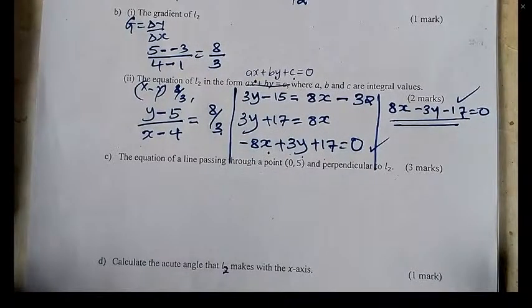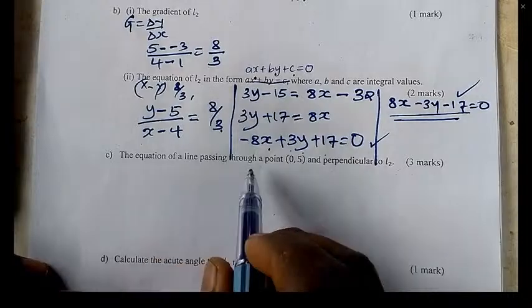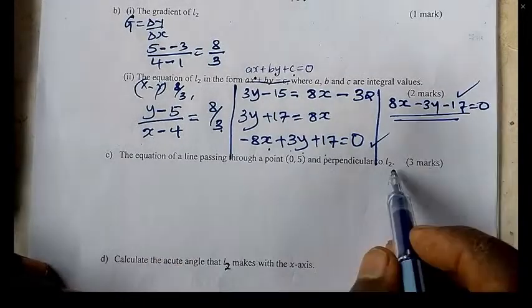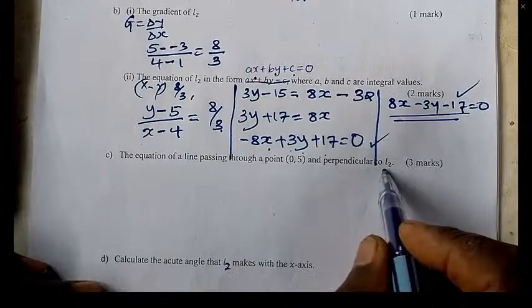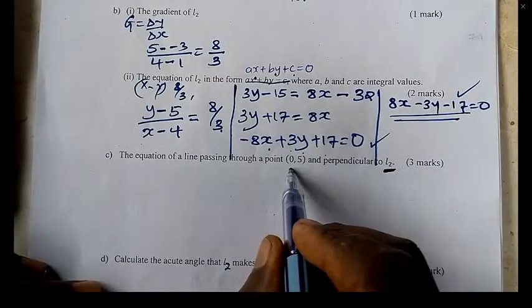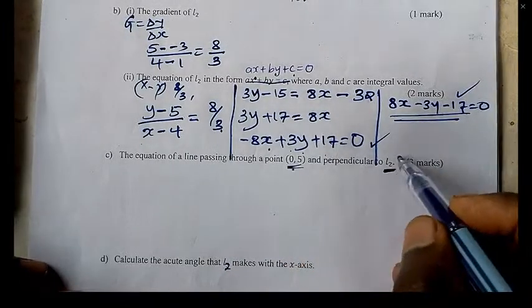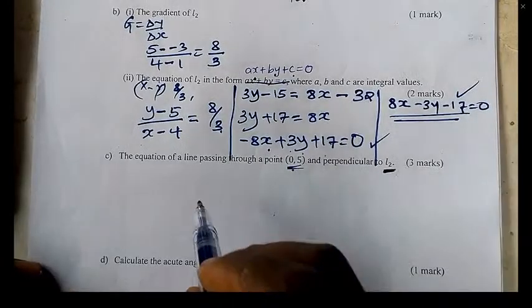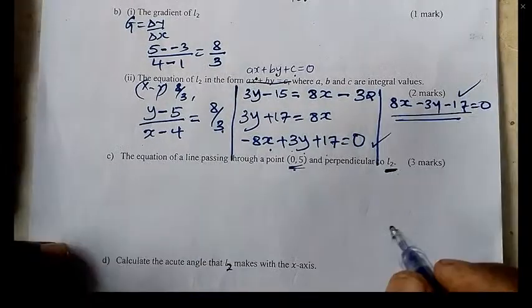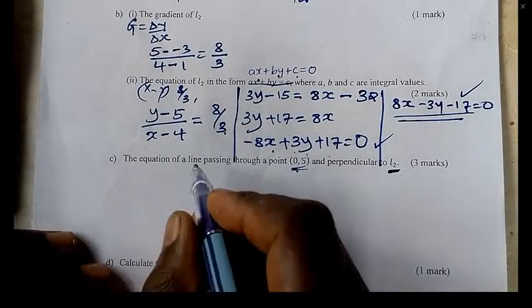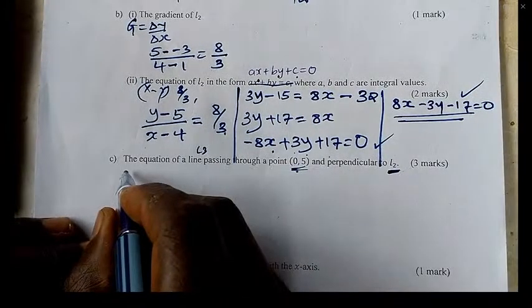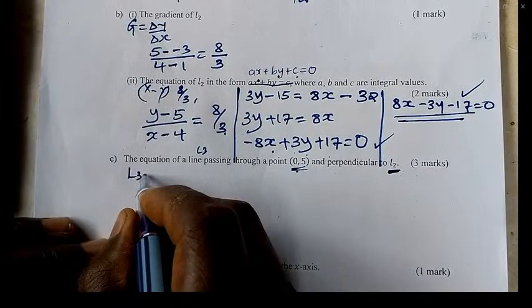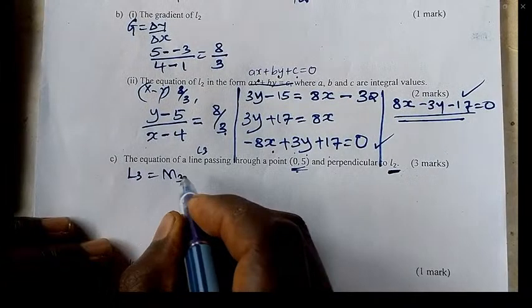The equation of a line passing through a point and perpendicular to line 2. If it is perpendicular to line 2, we know the relationship between perpendicular lines. Let me call it line 3, and its gradient we will call M3.